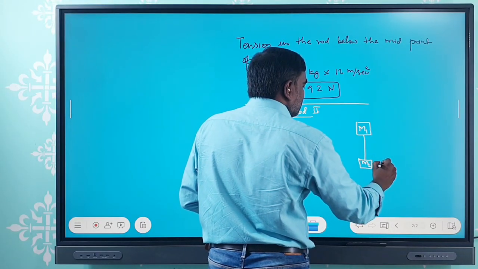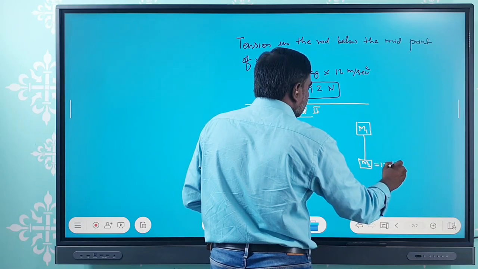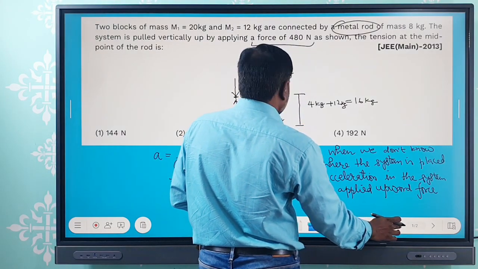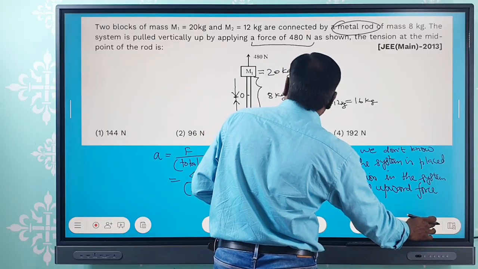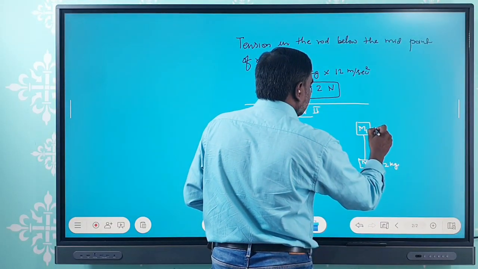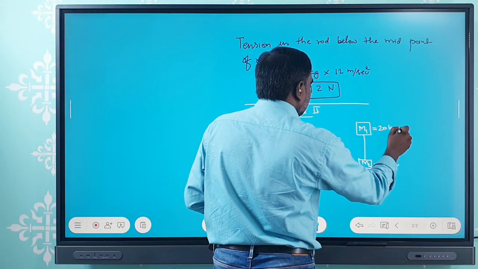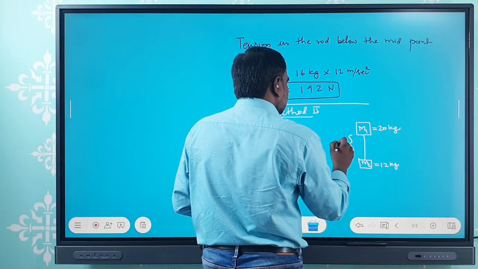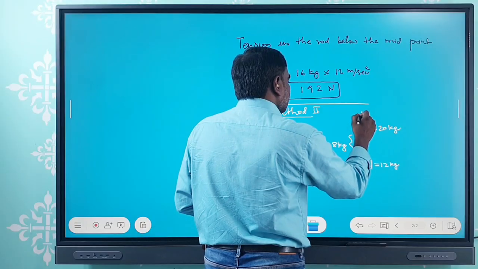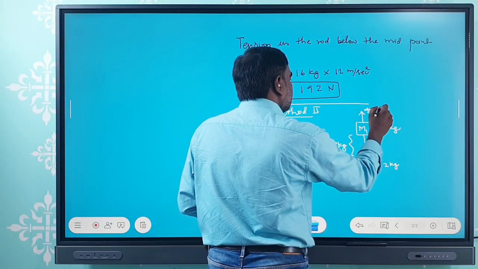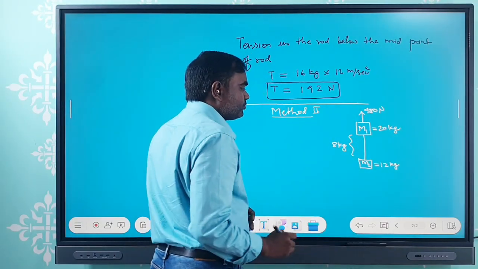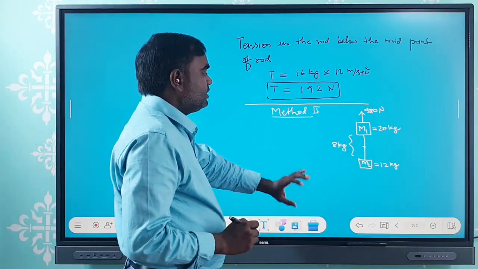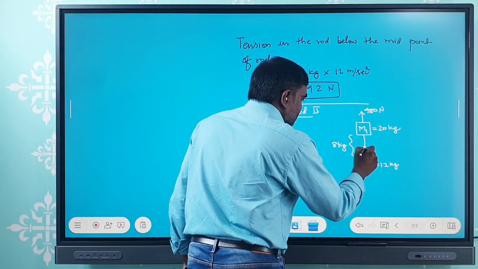Mass m2 is equal to 12 kg, mass m1 is equal to 20 kg, the rod mass is 8 kg, and the upward force applied is 480 Newton.